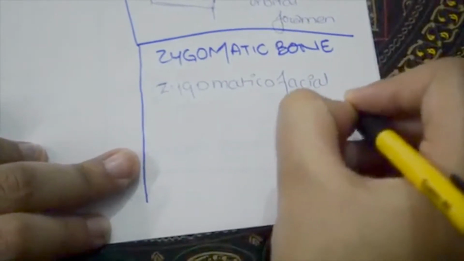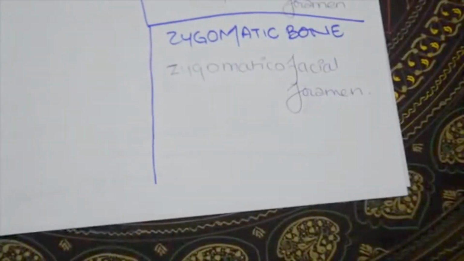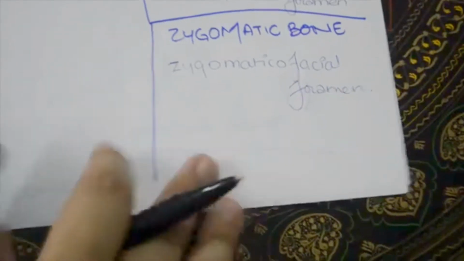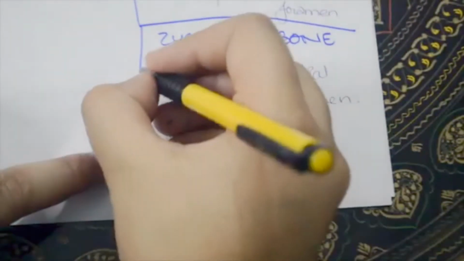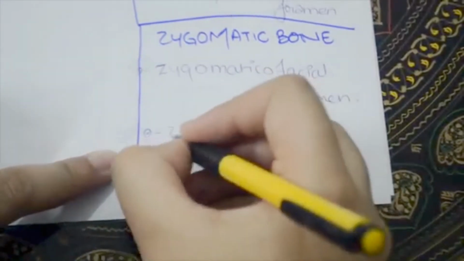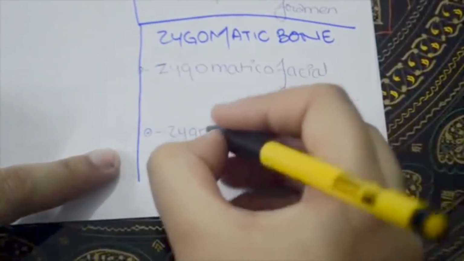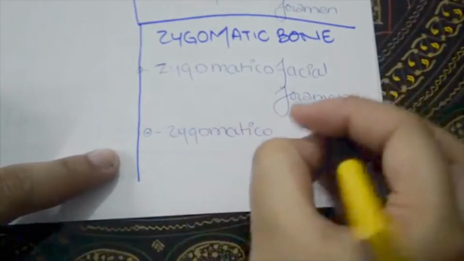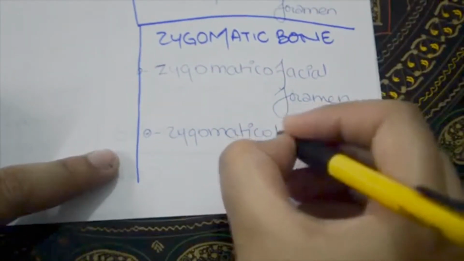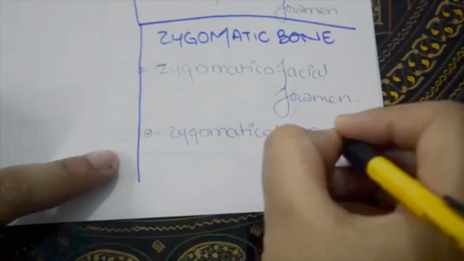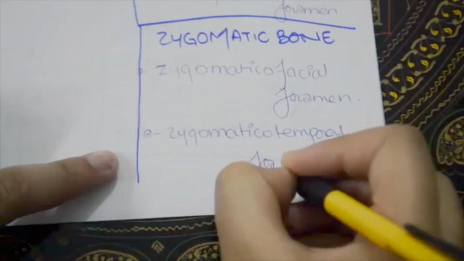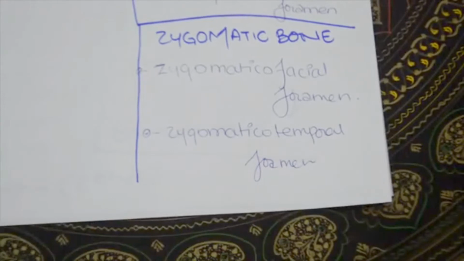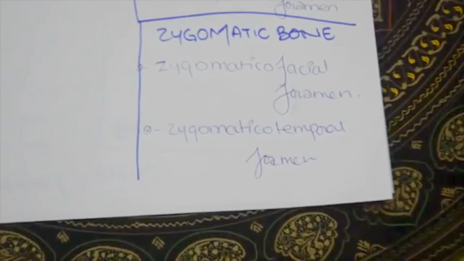You'll be able to see this foramen from the anterior aspect of the skull, and the second foramen is zygomaticotemporal. This will be seen in the side of the skull. It will very easily be seen from the side of the skull.